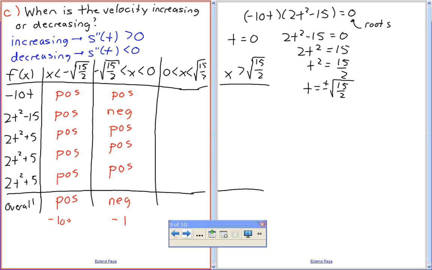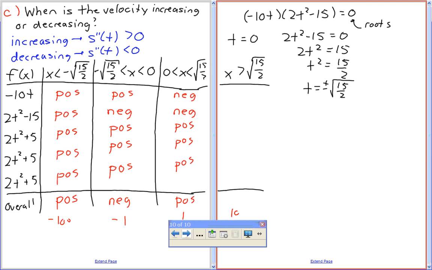I'm going to choose 1 here. Negative 10 times 1 is negative, and that's negative, negative, must be positive. So that's going to be positive. And this one here is going to be 100. That's going to be negative, that's going to be positive. Positive overall.